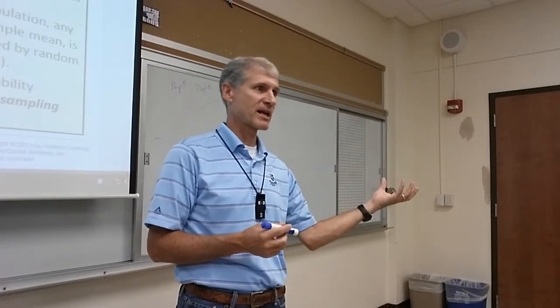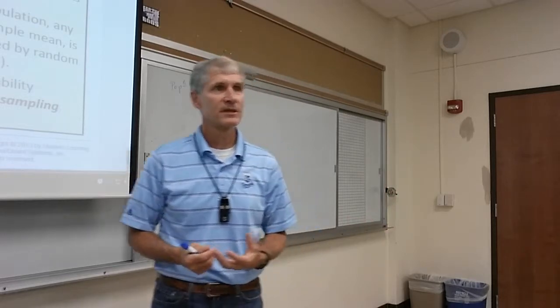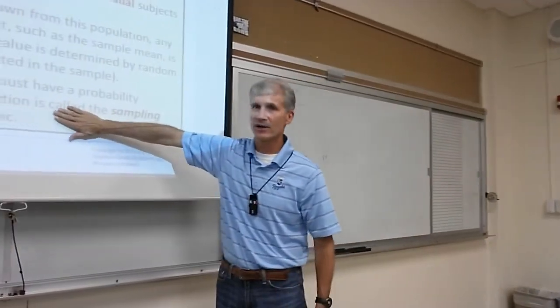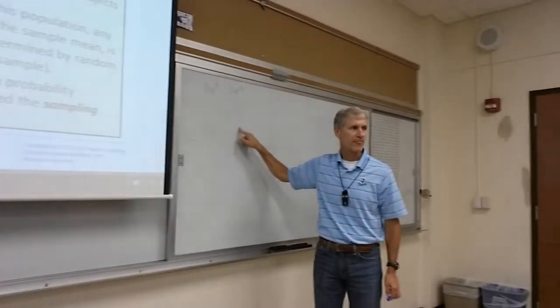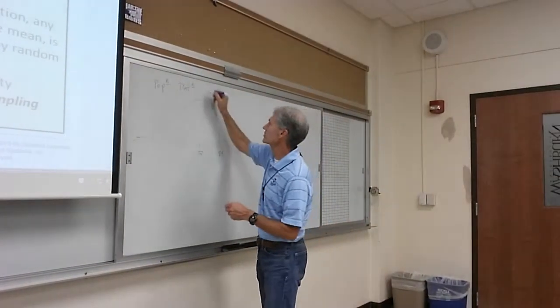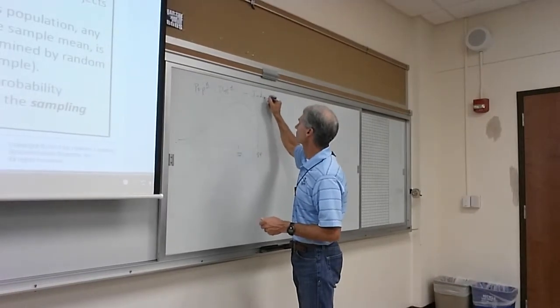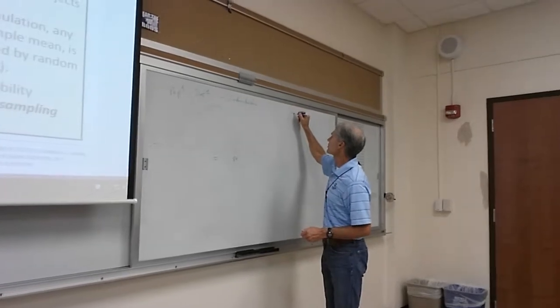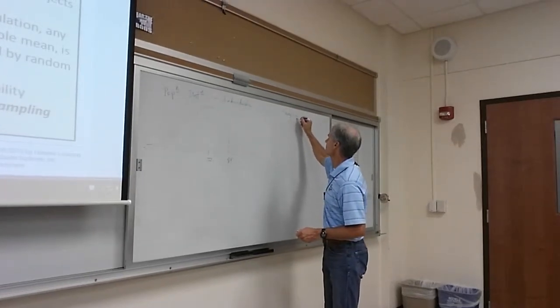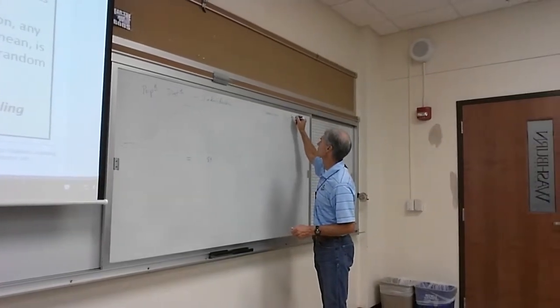And if you get a different random sample, you get a different value. So if it's a random variable, then it must also have a distribution. So population distribution is for individuals. We call the distribution for sample statistics the sampling distribution.